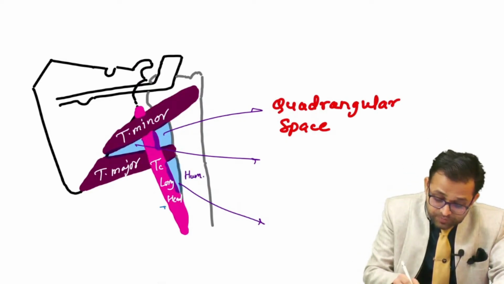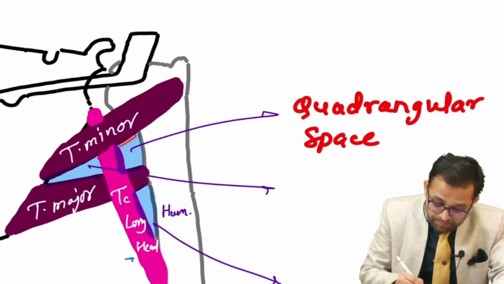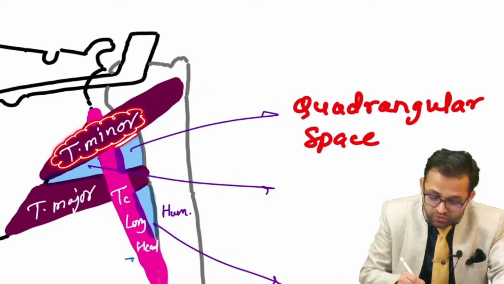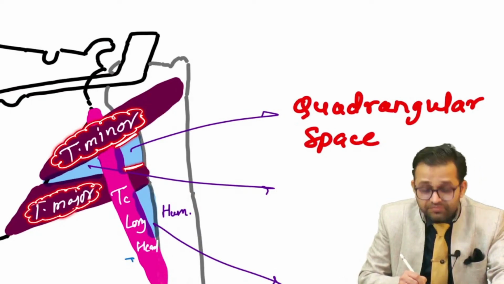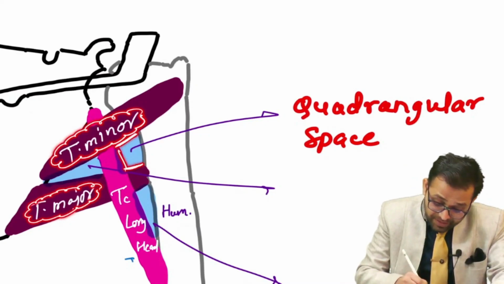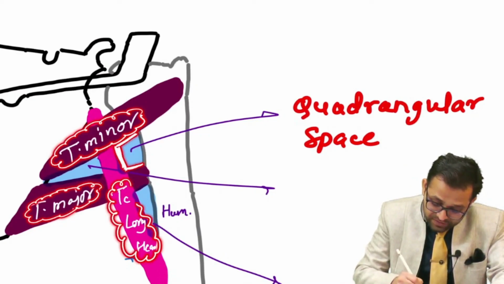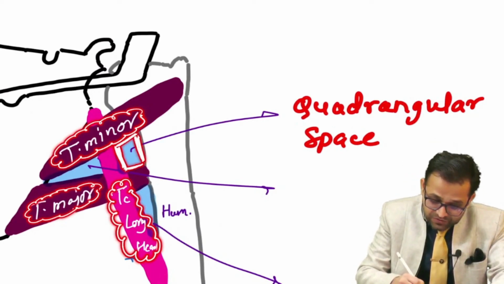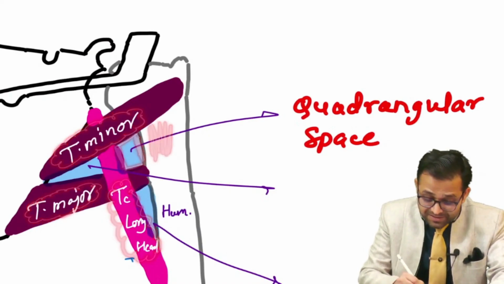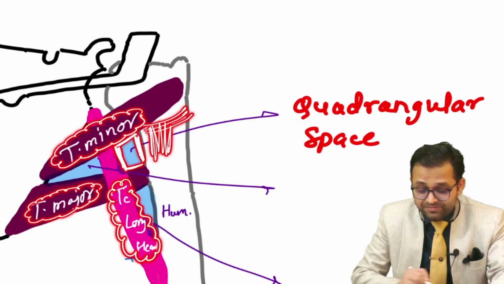So the quadrangular space, say what you see. The upper border is formed by teres minor. Okay, sir. Sir, the lower border is formed by teres major. Correct, sir. Sir, the medial border is formed by the long head of the triceps, say what you see, sir. The lateral border is formed by what, sir? The lateral border is formed by this humerus. Which part, sir? Surgical neck of the humerus.